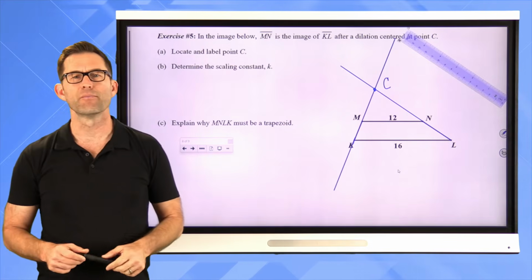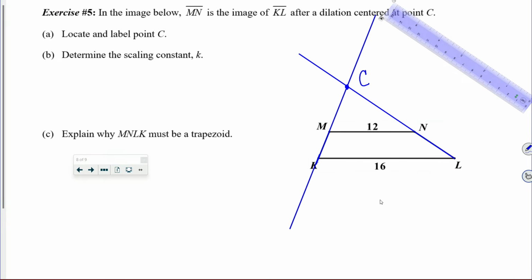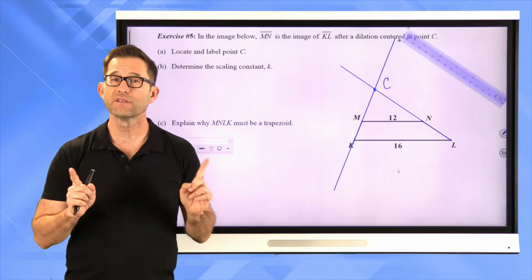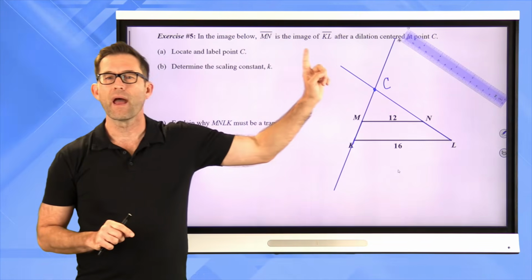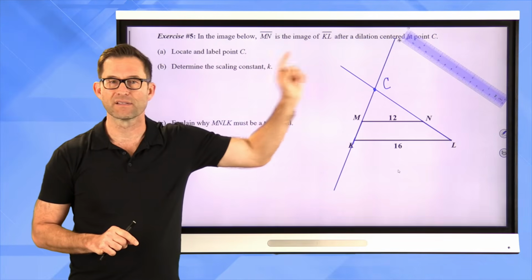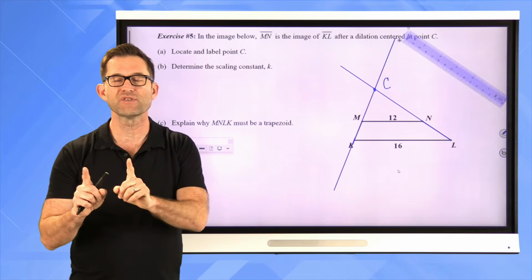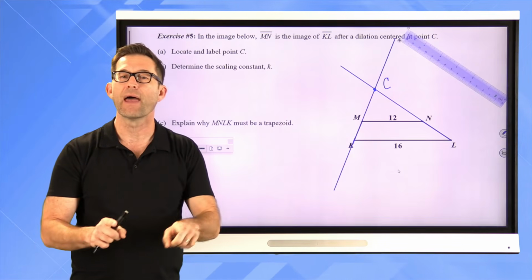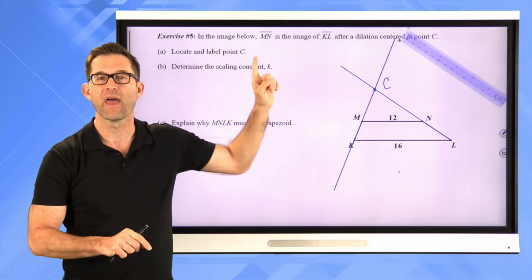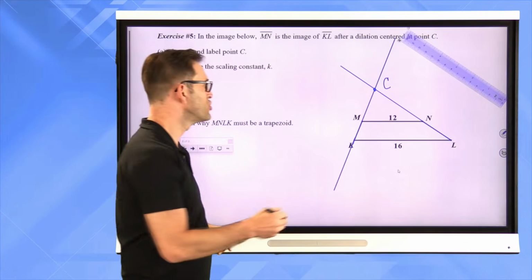Now let's take a look at letter B. Determine the scaling constant, K. Now this is very important. Whenever we're determining the scaling constant of a dilation, we always want to pay attention to which segment is the image and which segment is the pre-image. MN is the image.